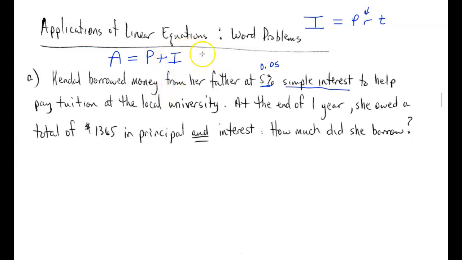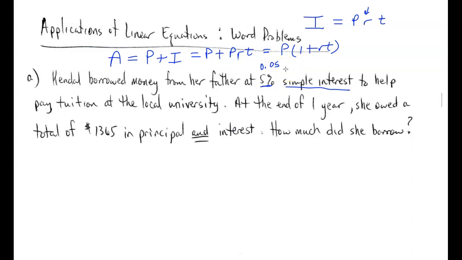Now, if we take into account that interest is just PRT, then you'll see that this actually ends up being P plus PRT. And if we factor out the P, or the principal, we end up with A is equal to P times, in parentheses, 1 plus RT.